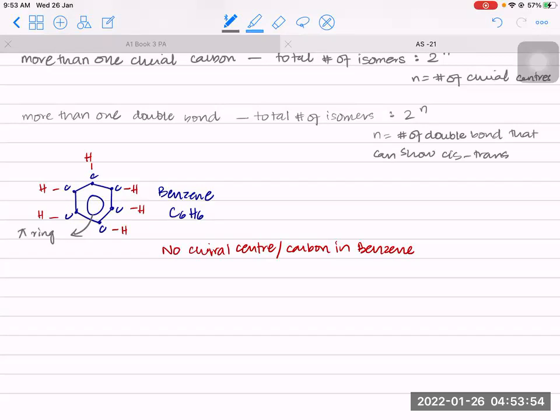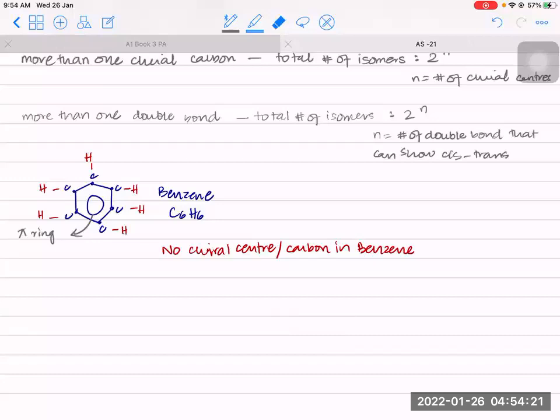Now, why am I telling you this? You'll be like, this is so complicated. How will you remember? You don't have to. You just need to ignore it if you see something like this in your question asking you to count the number of chiral centers. If you see a cyclohexane like this with a ring in the middle, this is benzene. This will have no chiral centers. You just gotta ignore it. All right?